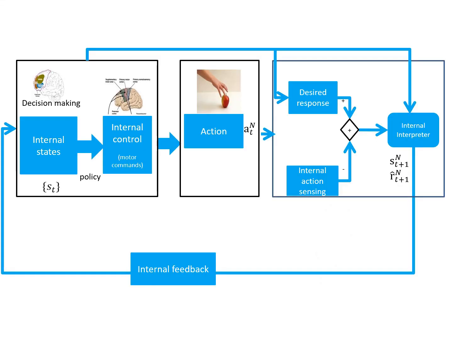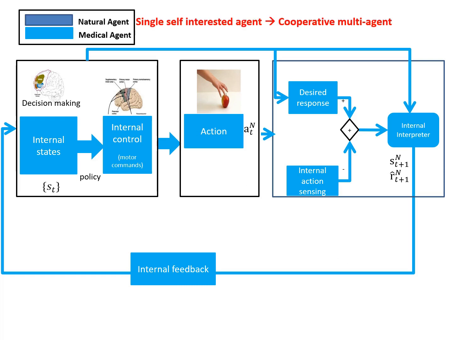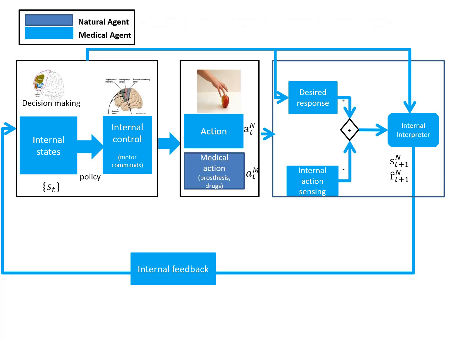We showed before this scheme of the natural agent picking an apple, and now we can see how the collaboration between the two agents is performed. First, there is the medical action, which can be a prosthesis of the hand that can assist handicapped people to pick up an apple. Then we have the external sensing, which can be accelerometers attached to the body.